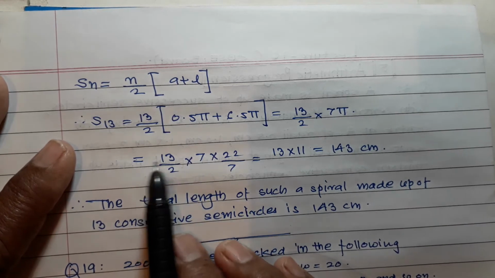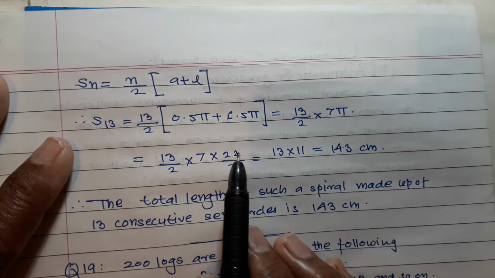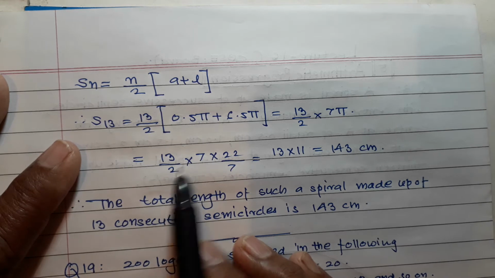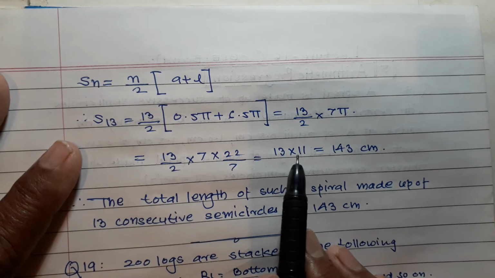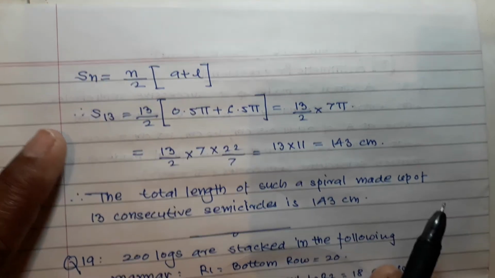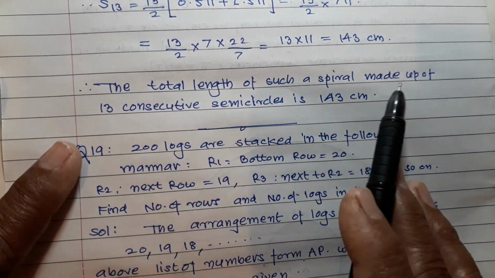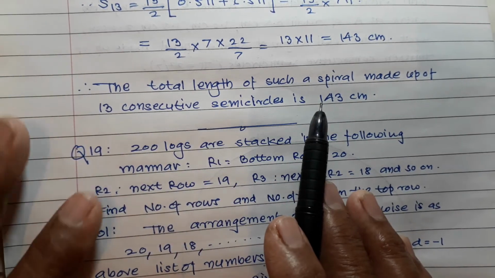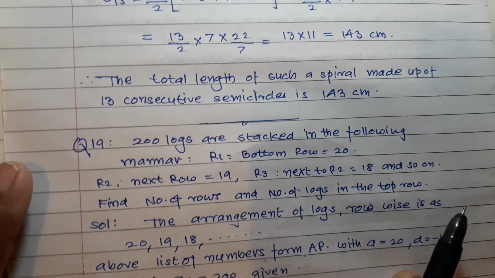With pi equal to 22 upon 7, this 7 gets cancelled, 2 elevens are 22, and therefore S13 is equal to 13 into 11, which gives you 143 centimeter. Hence the total length of such a spiral made up of 13 consecutive semicircles is 143 centimeter.